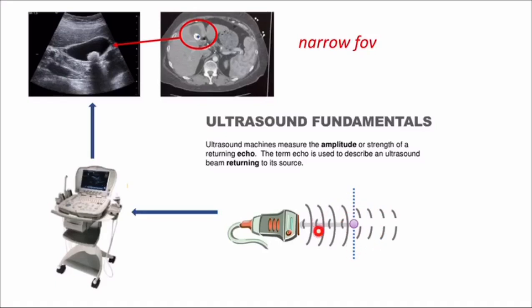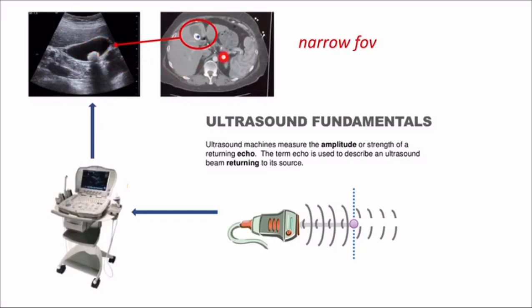And based on this, the data will be transmitted or fed to a computer, and the computer will generate the image. And the reflected image will be seen as hyperechoic or white areas with posterior acoustic shadowing, as in this gallstone. And the transmitted images will be seen as black or anechoic area, like the bile in this gallbladder.